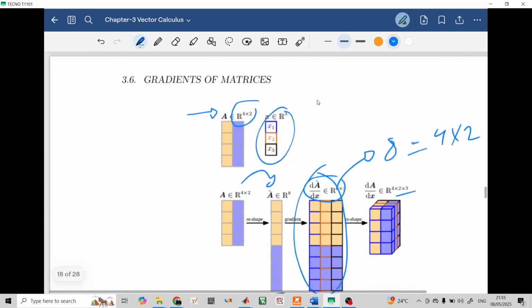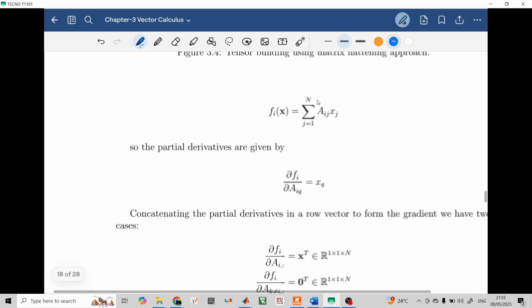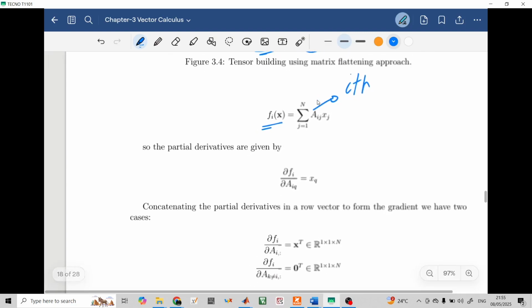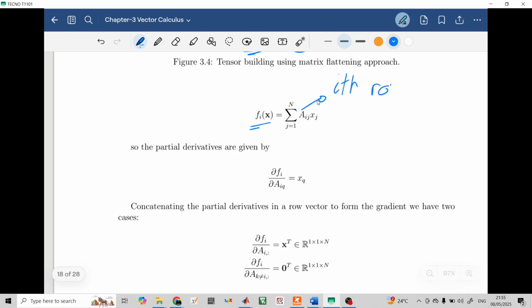Okay, fine. Now let's go here. As we said before, the ith element of f is the ith row of A times x, right?